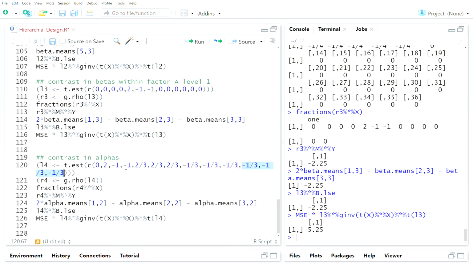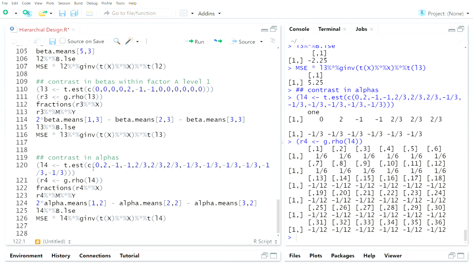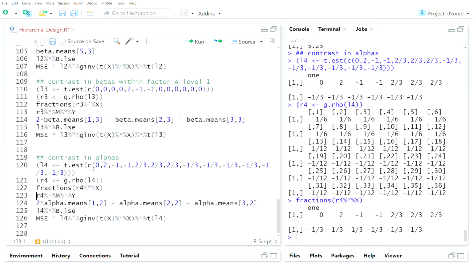Since this is -1, we average the next 3 betas, the betas under that level, and then take it times -1. And again, whatever numbers we put here, then we'd have to do the same technique there. And if you notice, it is estimable because we get it back. There's the linear combination of the rows, and so row times x, we get our original linear combination back.